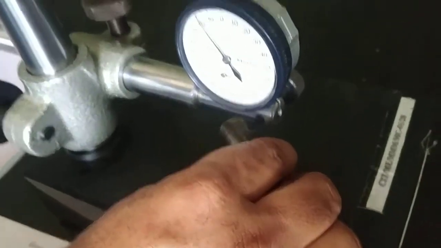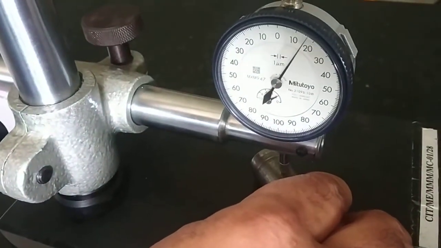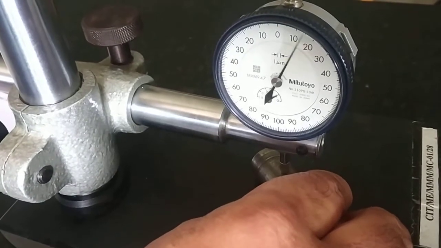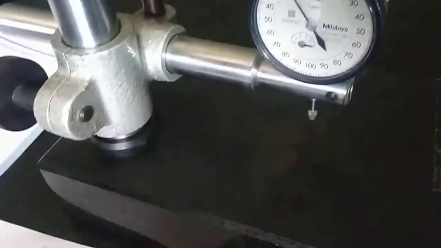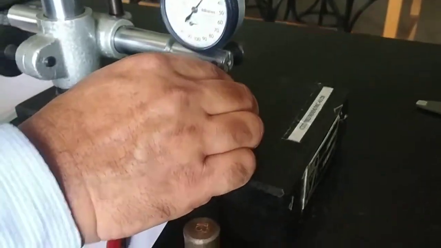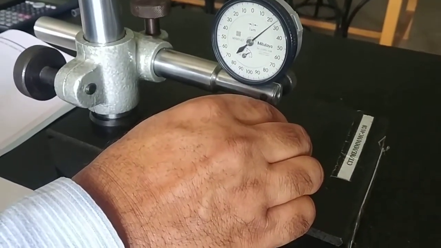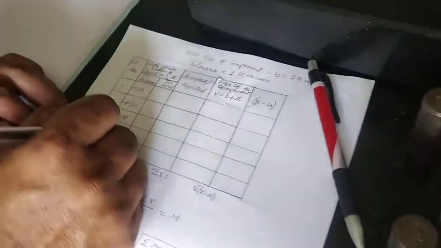Observe here, initially it will move in the clockwise direction and somewhere it stops. Now you see, it has plus 18 microns. Now another one, it is showing exactly plus 30 microns.